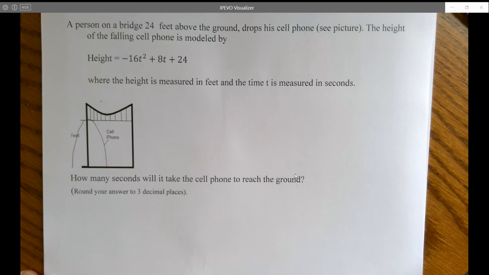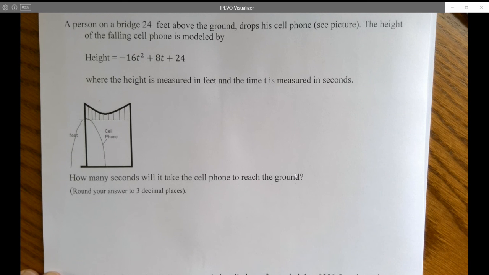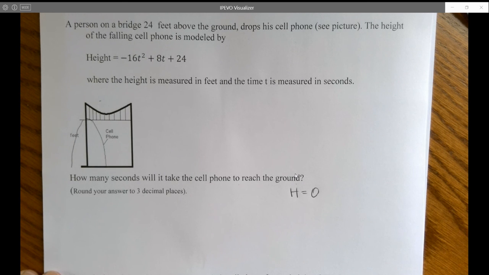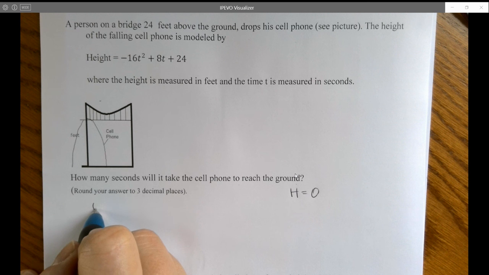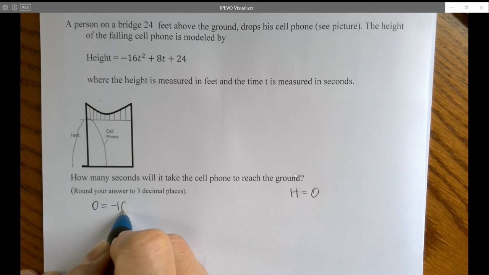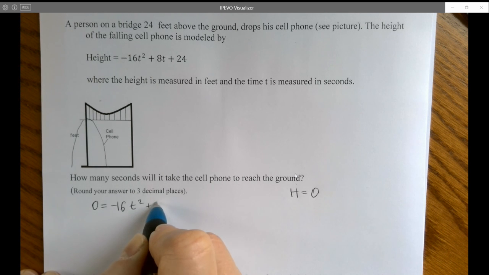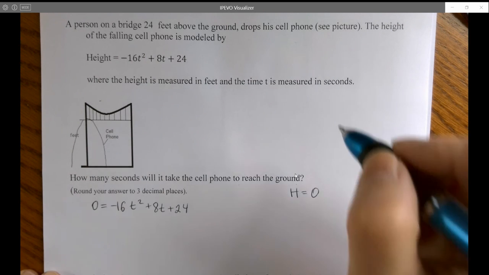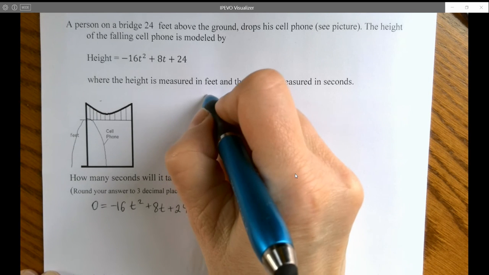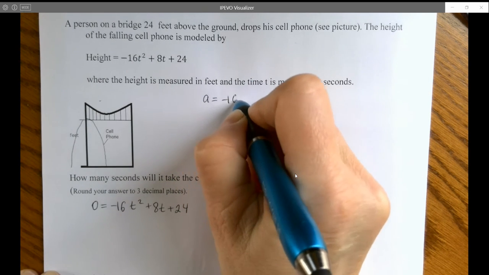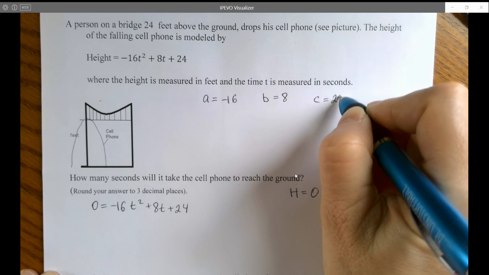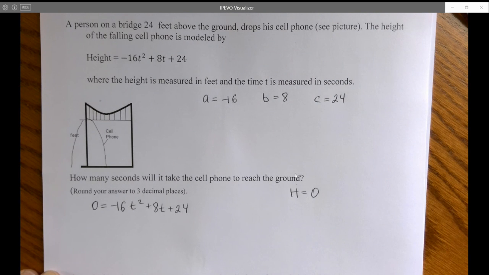So when the cell phone hits the ground, your h will be equal to 0. In other words, we have to solve the quadratic equation. And before I solve it, I will find my a is negative 16, b is 8, and c is 24. So let's use the quadratic formula.